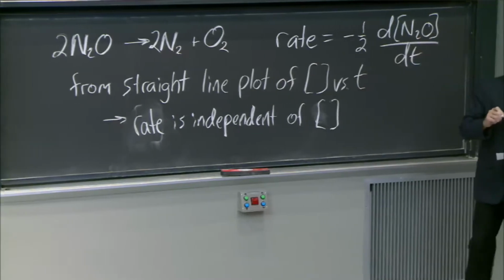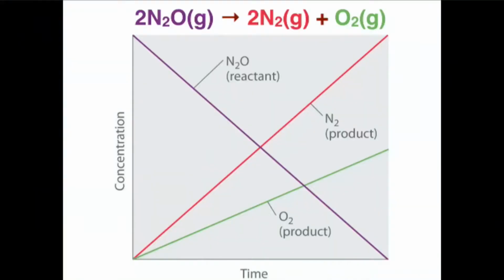The rate in the beginning is the change in concentration with time. The rate in the middle is the change in concentration with time. And it's a straight line, so it's always the same.